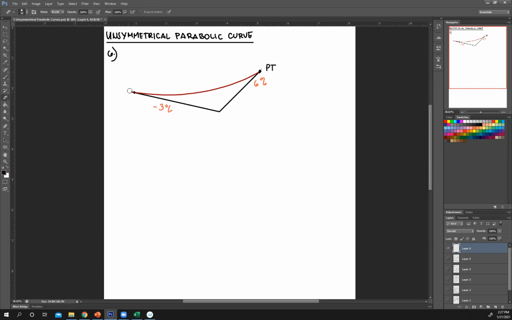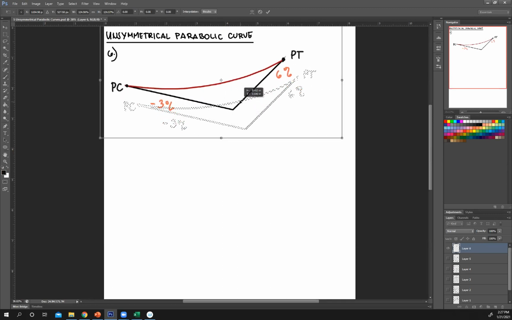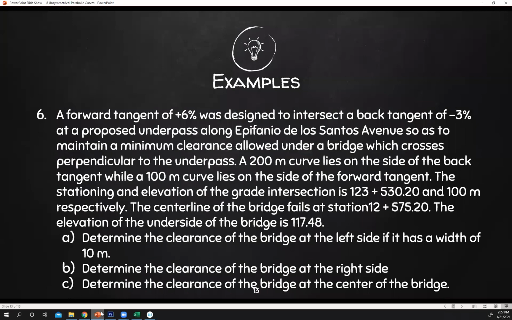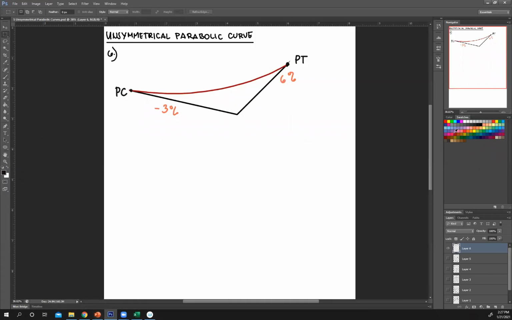PT. PC. All right, what else is given? 200 and 100 for the lengths of your curves.